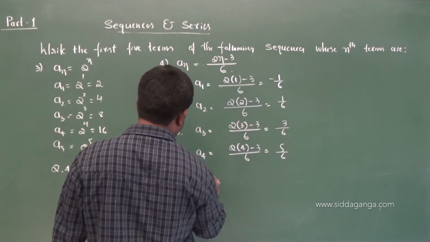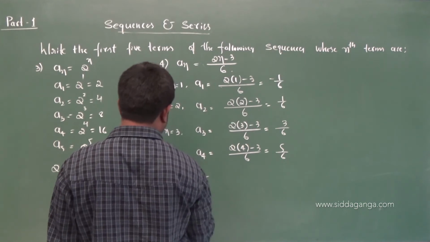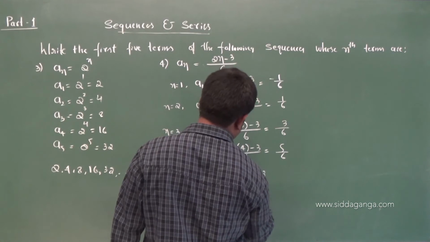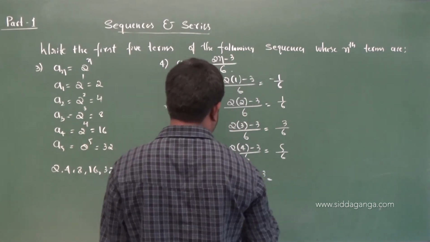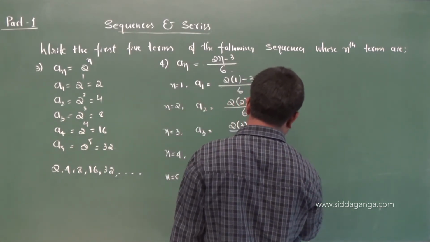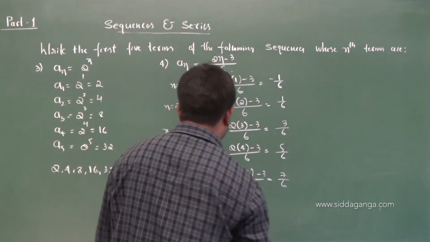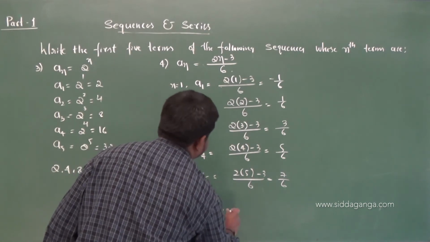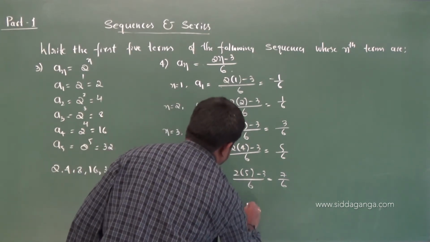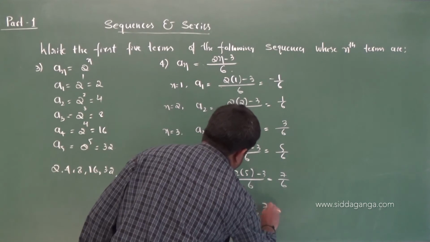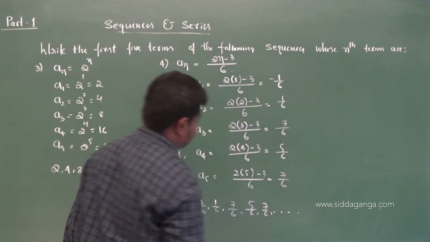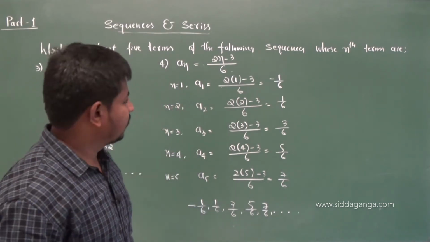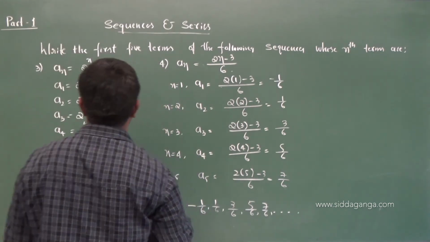When n is 5, you get the fifth term, that is 2 into 5 minus 3 by 6. 2 fives are 10 minus 3, 7 by 6. So your required sequence is minus 1 by 6, 1 by 6, 3 by 6, 5 by 6, 7 by 6, and so on. Okay, this is the sequence whose nth term is 2n minus 3 by 6.